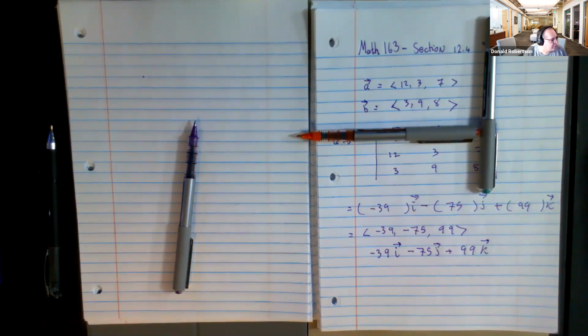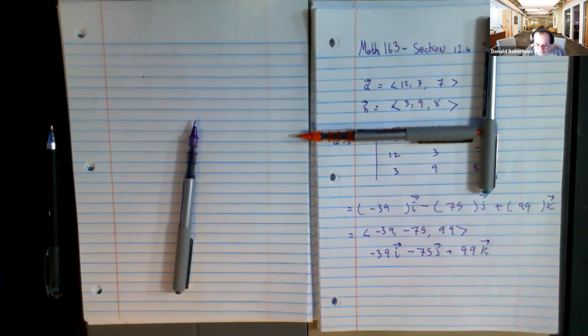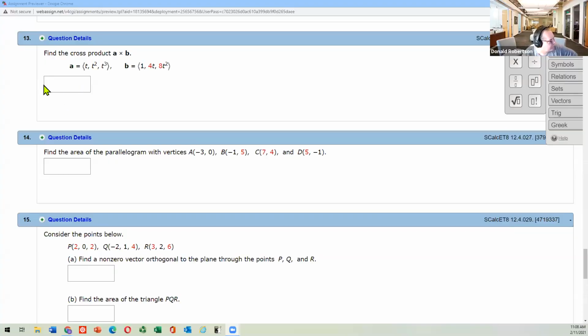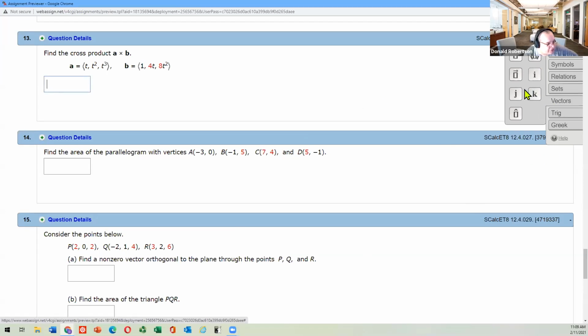Let me show you where you have to go, although hopefully you've already discovered this. Suppose I was going to put an answer in here, and I needed it to be I, J, and K. Hopefully you're all looking at WebAssign homework questions, right? You click on the vector guy. Do you see the I, the J, and the K?